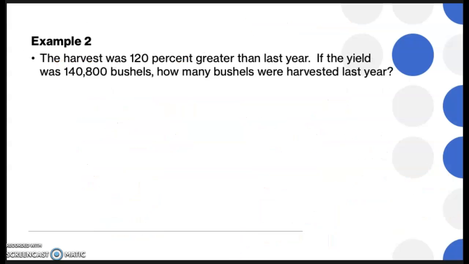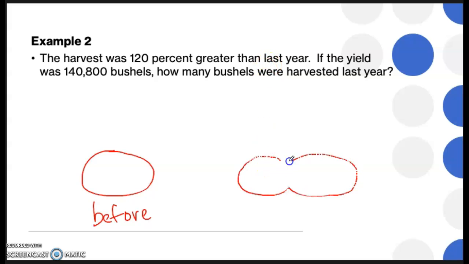Let's try another one. So we had a harvest, and it was 120% greater than last year. Well, that gives us a hint. This before would be last year. So after was greater than last year. That means it's going to be a double bubble. It's going to be greater than 100% this year.